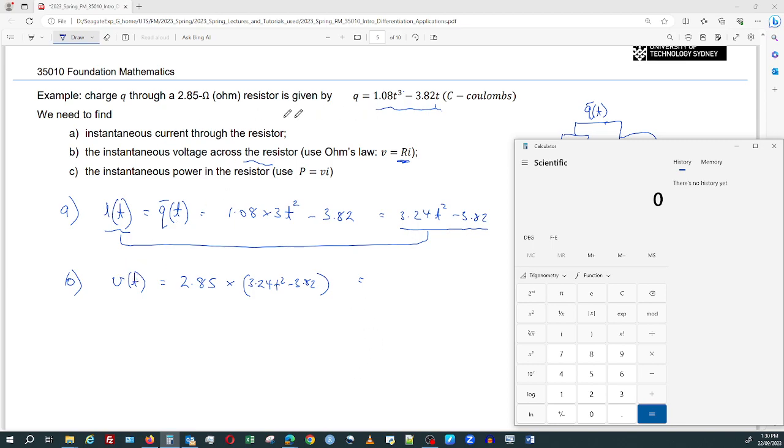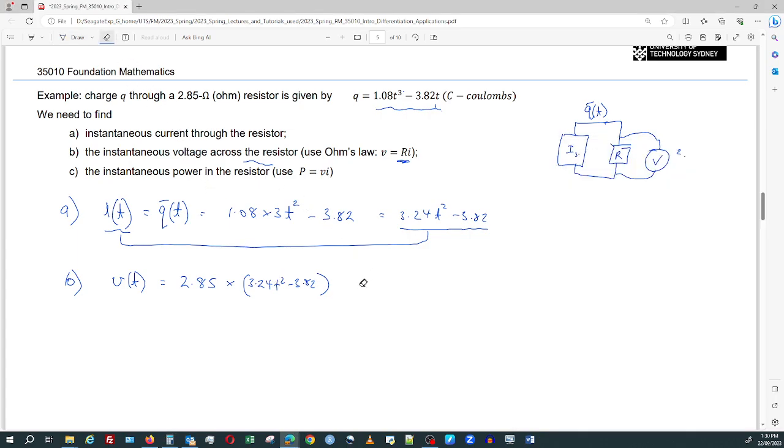Where's t? There's no t. So that's all it wanted, a general form. Okay, so that's our result in terms of t. So we need to define a t in order to get our voltage drop. Okay, that's the equation for the instantaneous voltage.